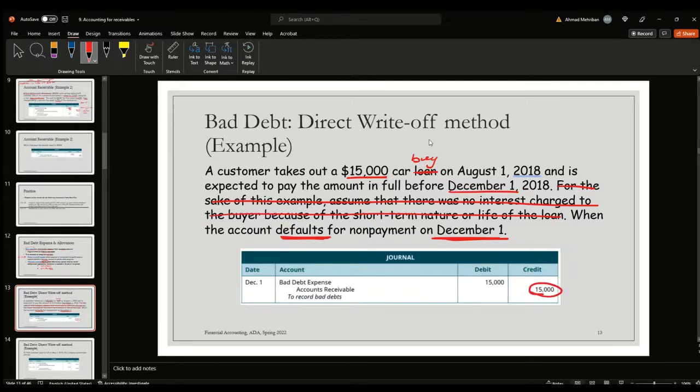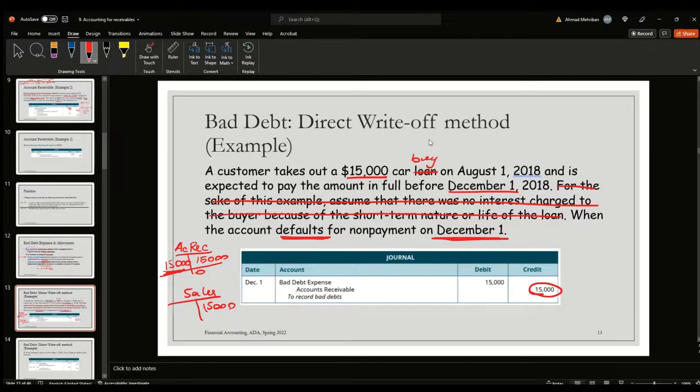So let's say that the sale has been done. Account receivable will be debited 15,000, and the sales, for example, is credited 15,000. And now when we realize that this 15,000 is never coming back, because by December 1 nothing came back to me, I need to expense it.